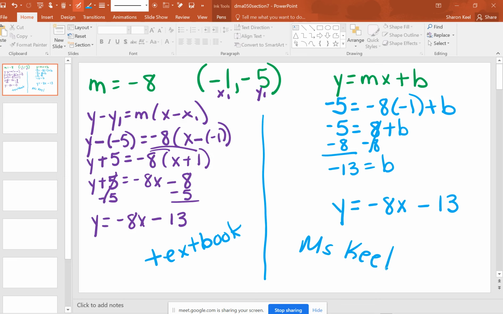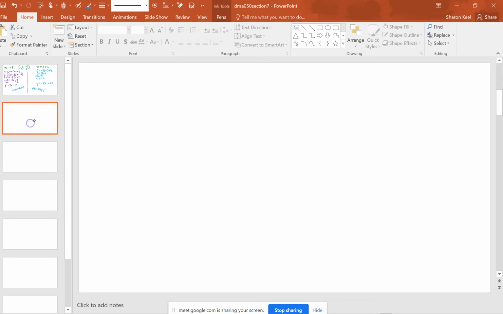So what I want to do is give an example using my way. I'm going to give you a problem where you start with being given two ordered pairs, and then you've got to come up with your equation from those ordered pairs.